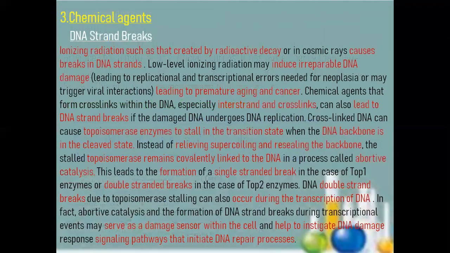The third one is chemical agents. Chemical agents mainly result in DNA strand breaks. Ionizing radiation creates radioactive decay, or cosmic rays cause breakage in the DNA strands. Low level ionizing radiations cause irreparable DNA damage.